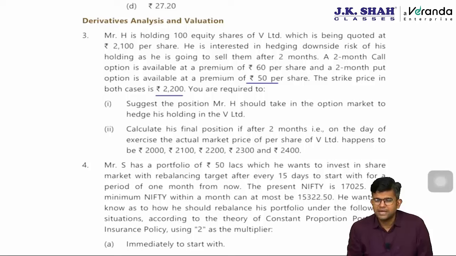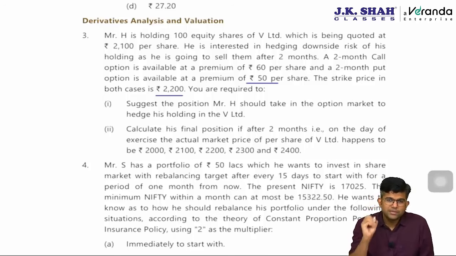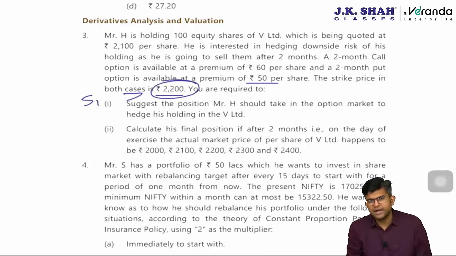Now let's understand the basics of put option. If on due date the spot price, that is S1, goes above 2,200, if S1 is greater than your strike price, greater than X or greater than K, do you realize the put option is useless? You will lapse it, because why would you want to exercise your right to sell the share at 2,200 when in the market the S1 is above 2,200?